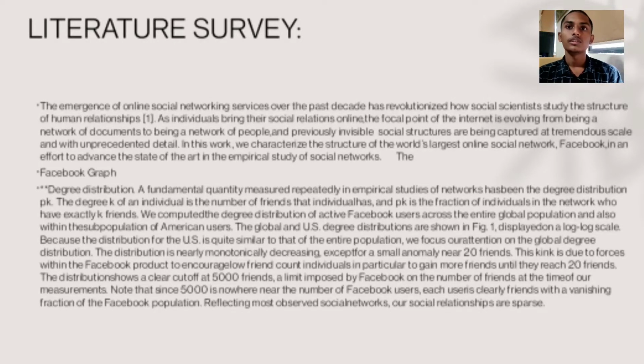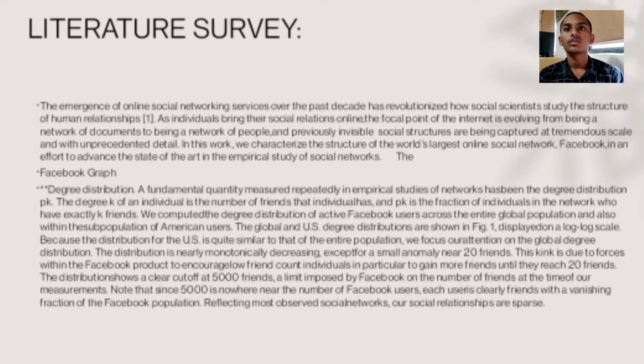As individuals bring their social relations online, the focal point of the internet is evolving from being a network of documents to being a network of people, and previously invisible social structure is being captured at tremendous scale and with appreciable detail. In this work, we characterize the structure of the world's largest online social network.